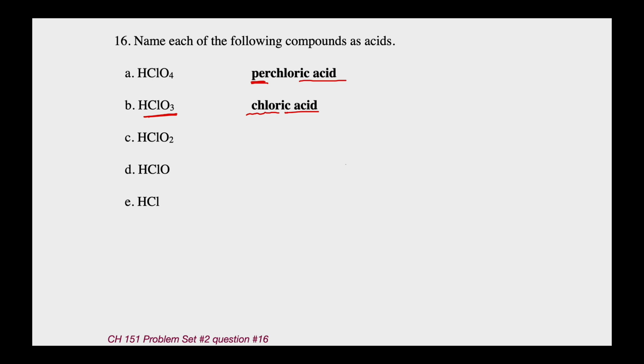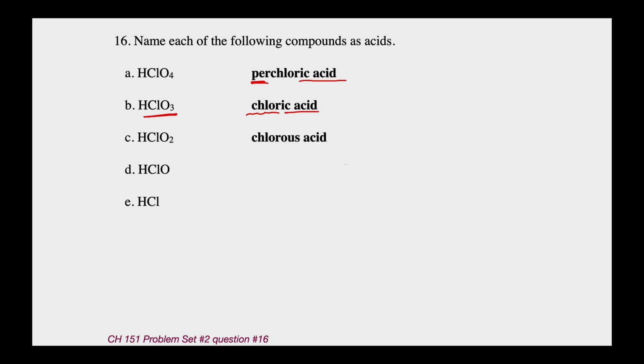So you need to know the base, and then the prefix and or suffix helps you with the rest. Now, HClO2 has one less oxygen than HClO3, the base. So you turn the ic acid into an us acid. So the next one would be chlorous acid, OUS acid. And that tells you you have one less oxygen than the common form chloric acid.